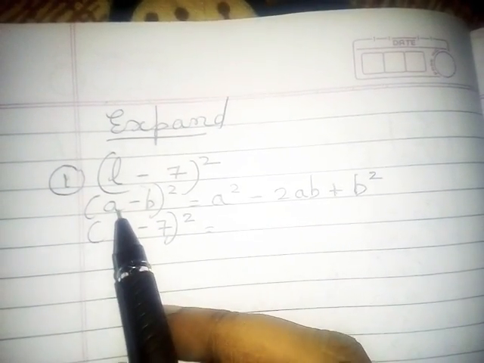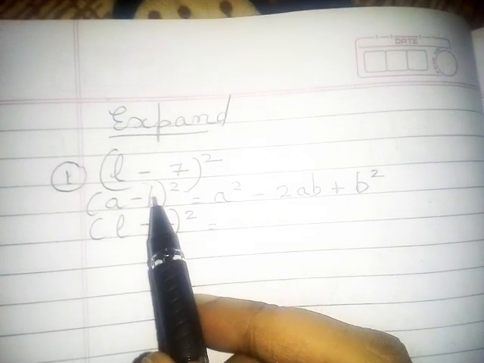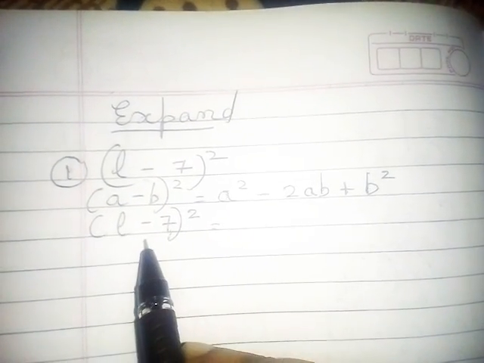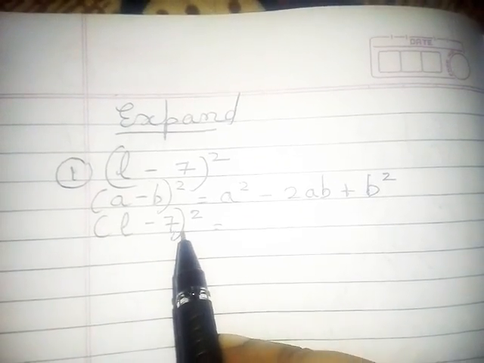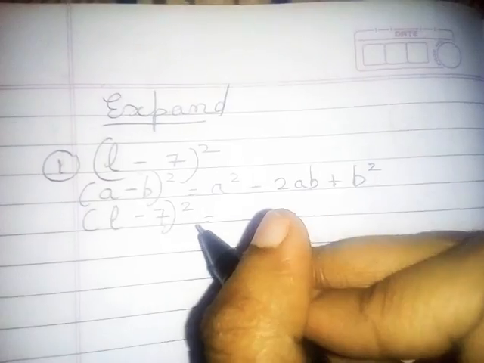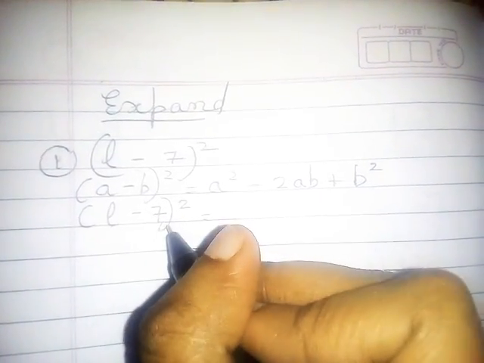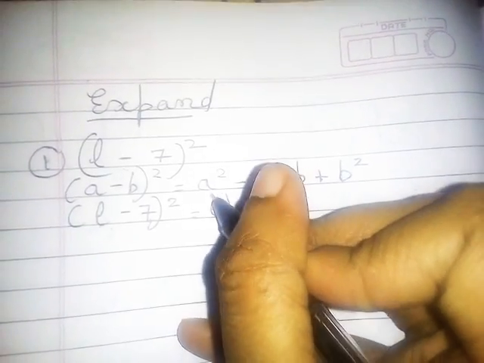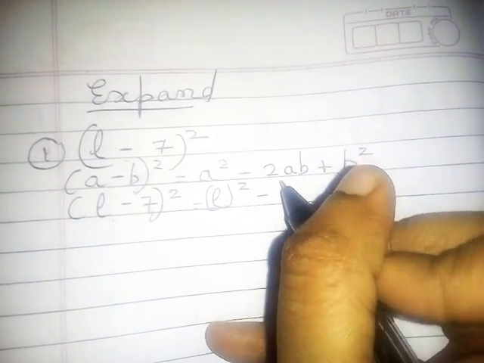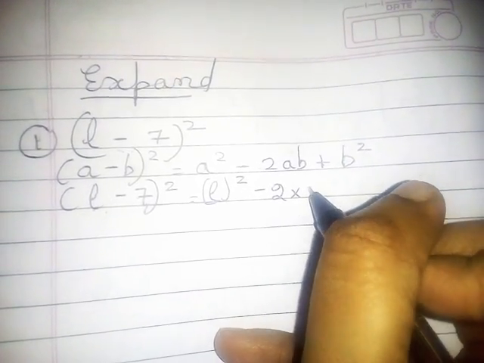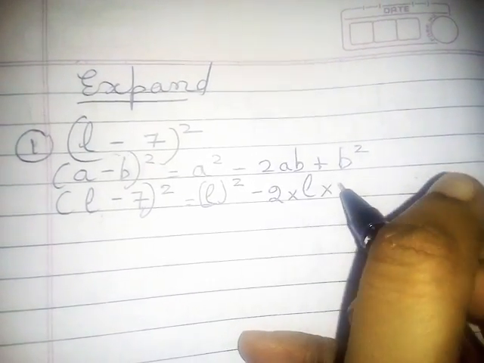L is in a's place and 7 is in b's place. Okay, you have to substitute in this formula in place of a and b: a² − 2ab + b². Now write this form for (l − 7)²: that is l² − 2ab, you have to write in multiplication form, 2 into l into 7.